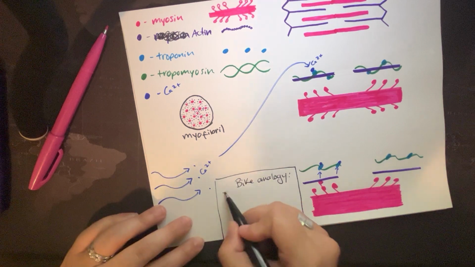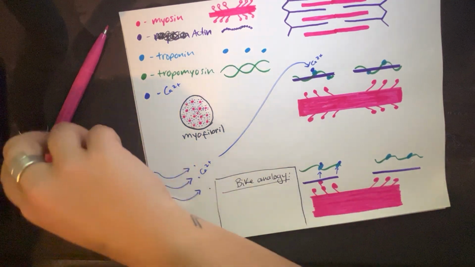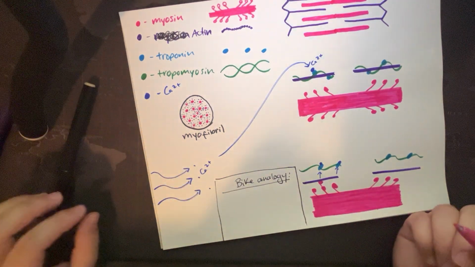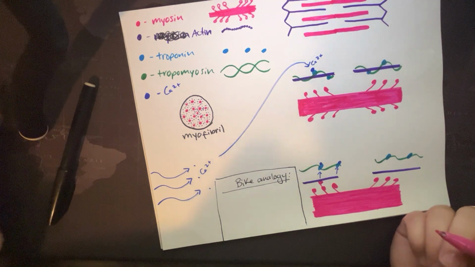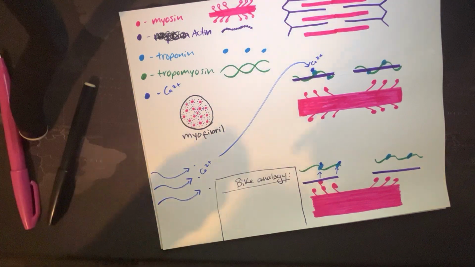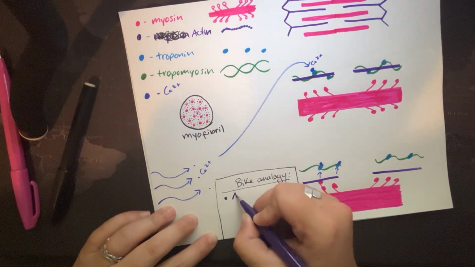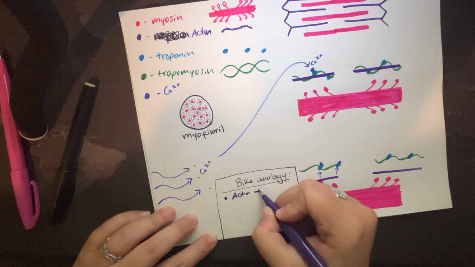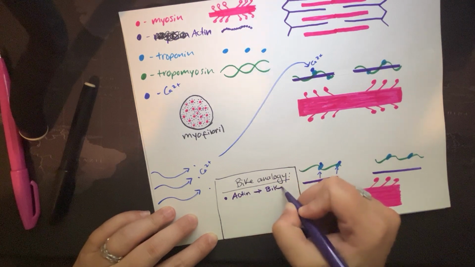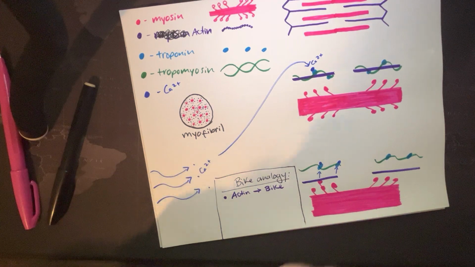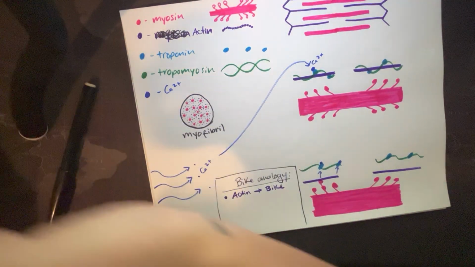We really want to ride our bike. Our bike just so happens to be actin. So actin is our bike. And you really, really want to ride your bike. You are myosin.